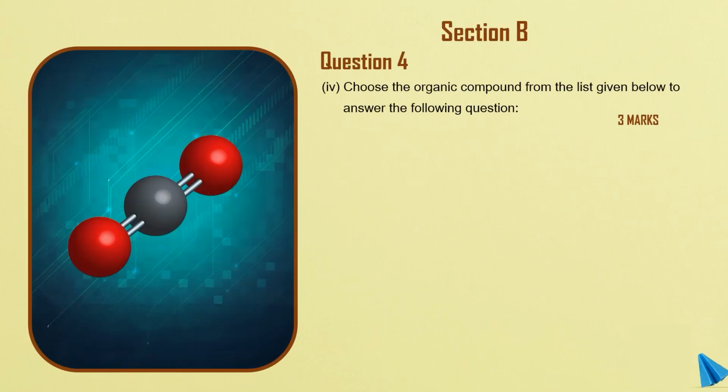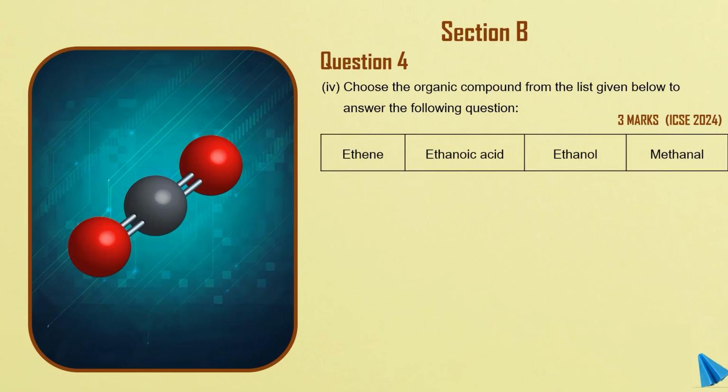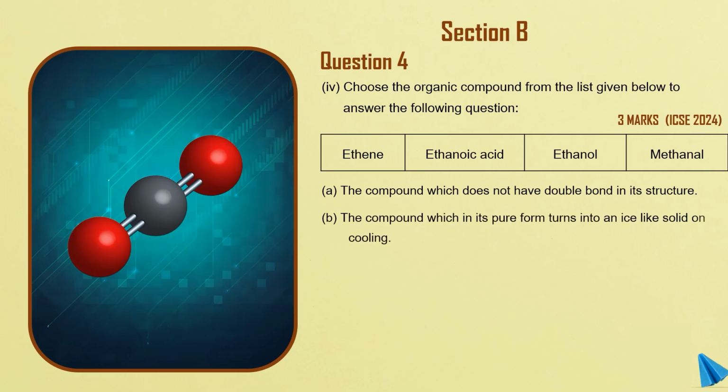It says choose the organic compound from the list given below to answer the following questions. Ethene, ethanoic acid, ethanol, methanol. A: the compound which does not have a double bond in its structure. B: the compound which in its pure form turns into an ice-like solid on cooling. C: the compound which is useful for artificial ripening of fruits.